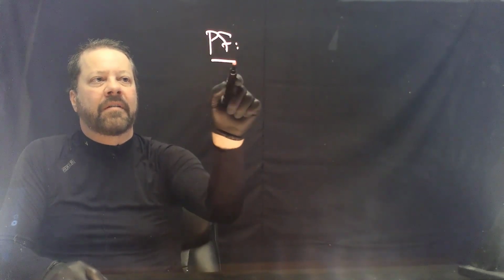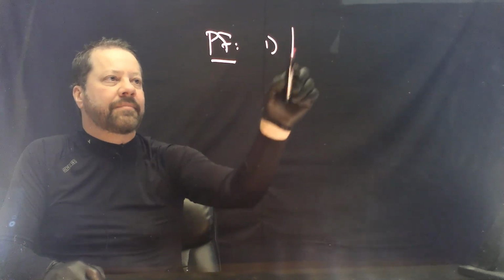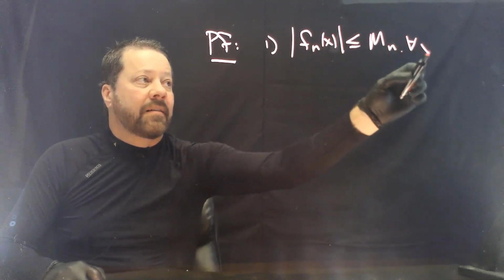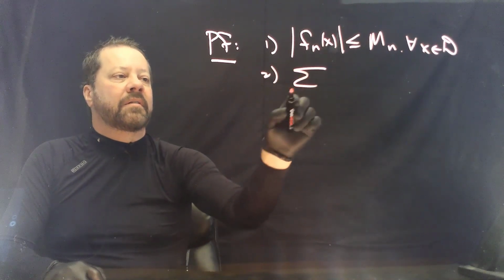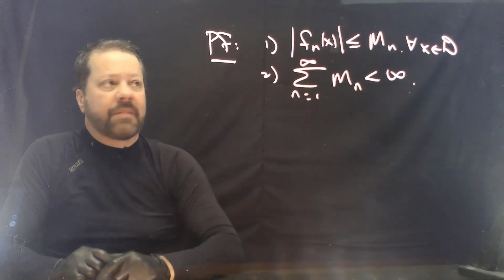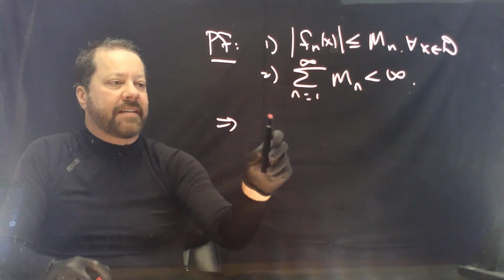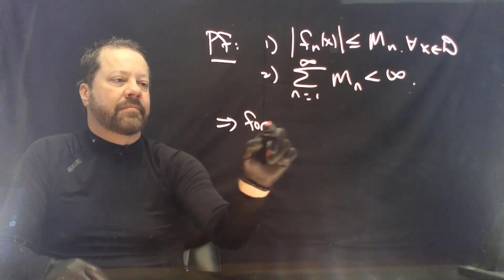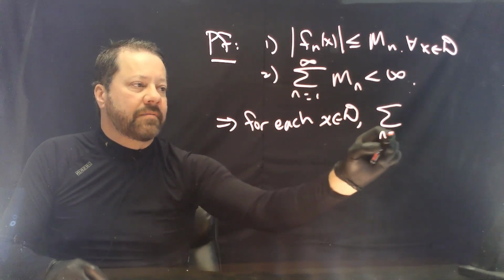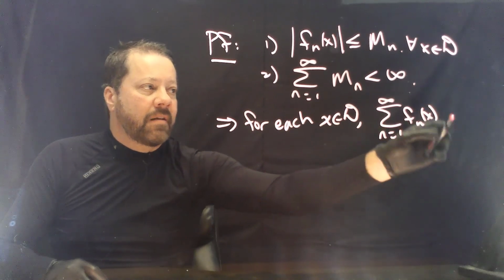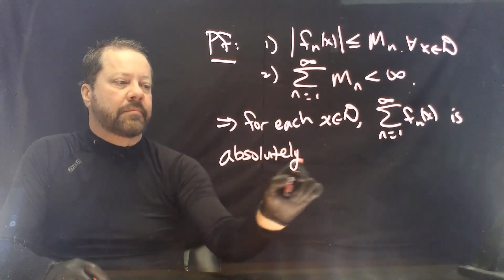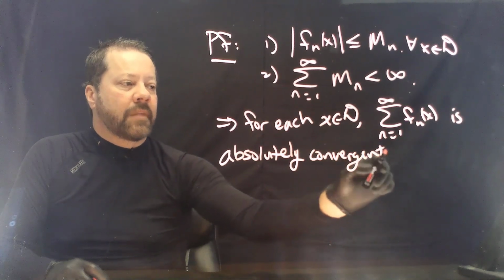For a proof, consider that conditions 1, and this is for all x within the domain, and 2, so these add up to some finite number, imply that for each fixed x, the series is absolutely convergent, which implies that it converges.